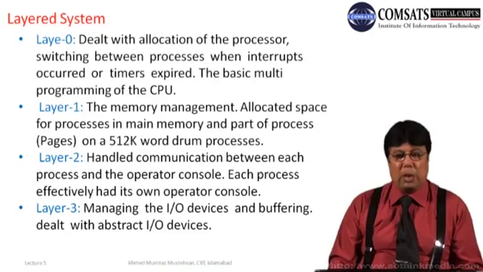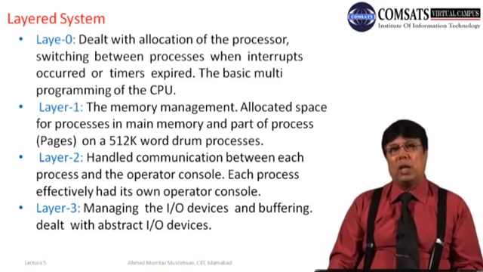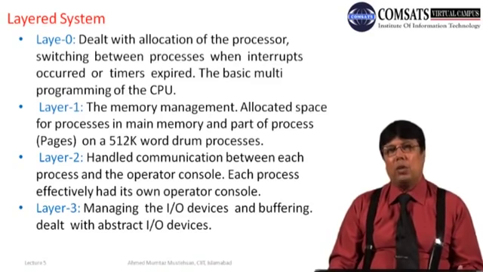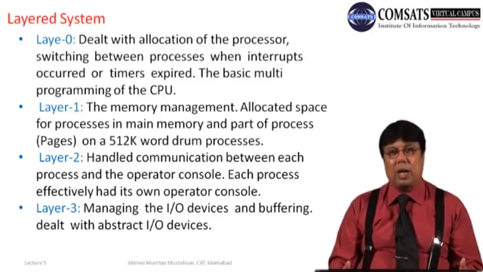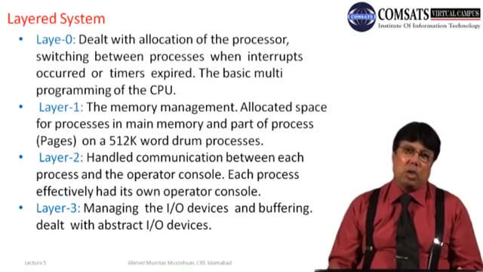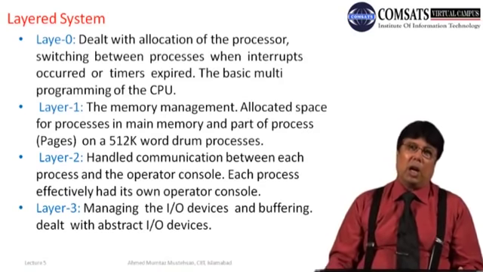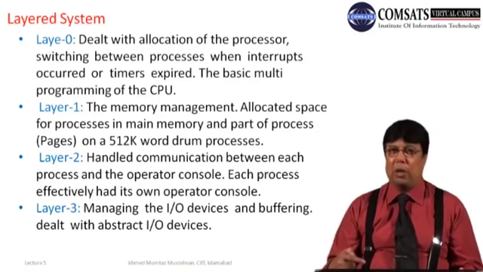It allocated space for processes in the main memory and part of the process pages on a 512K word drum. I've said that in those days there was no hard disk, so we used to have a big device. It is just like a drum, whose outer surface was magnetically coated, and we used to write on the outer surface of that drum.